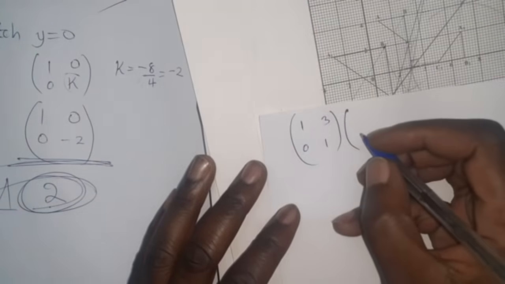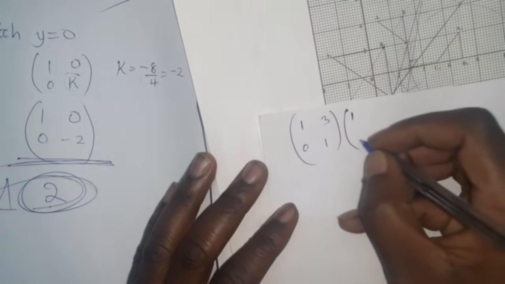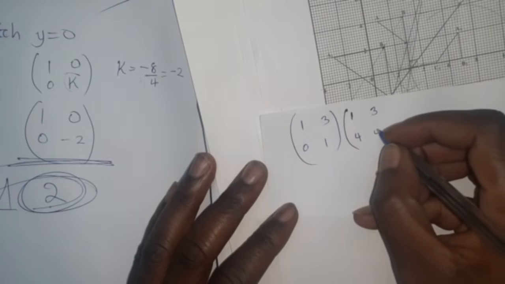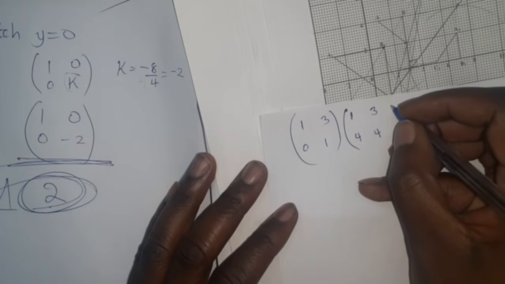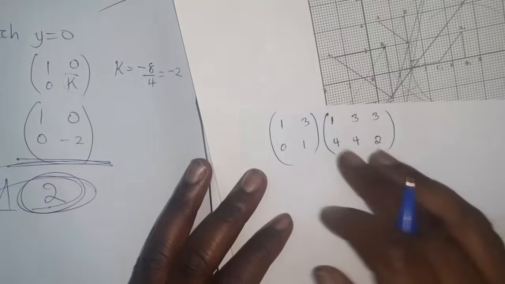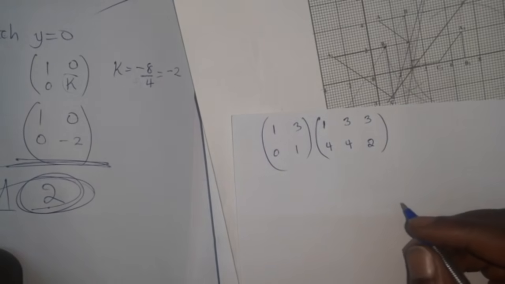So what are they? A, we have 1, 4. For B, we have 3, 4. And for C, what do we have? 3, 2, if I'm not mistaken. So when we multiply these, the coordinates that we get will be the coordinates of the image.